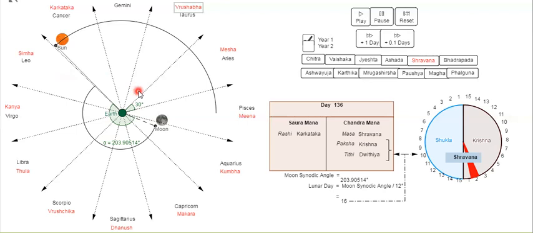So when the moon is at 180 degrees away from the sun, it is called Purnima, the full moon. Then the Krishna Paksha starts, the Sitarakpa will start, with the moon going nearer to the sun. Okay?